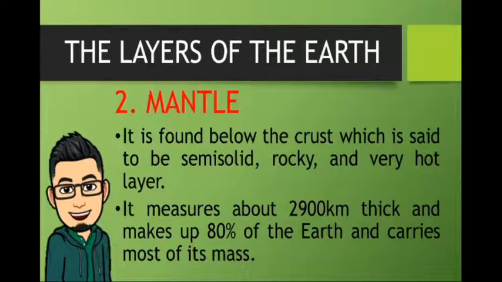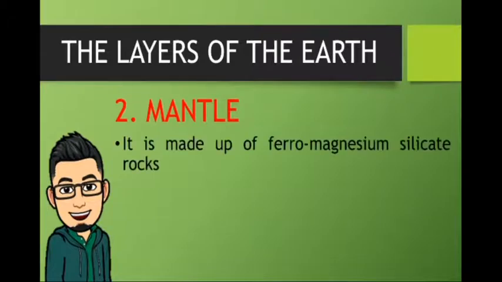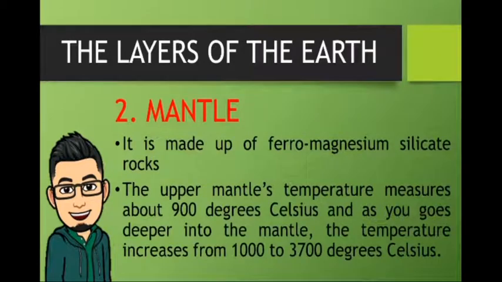So take note, 80% of the earth's mass is actually because of the thickness of this mantle. So in addition, mantle is also made up of ferromagnesium silicate rocks, and also the upper mantle's temperature measures about 900 degrees Celsius, and as you go deeper into the mantle, the temperature increases from 1000 to 3700 degrees Celsius.